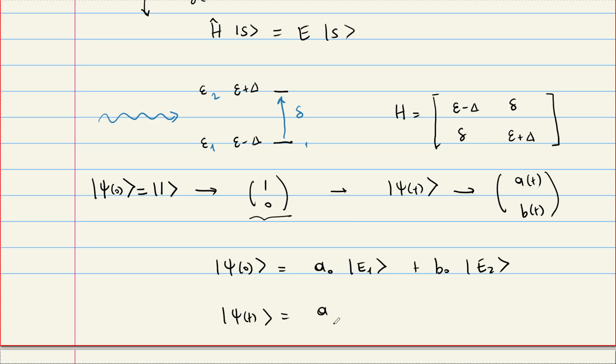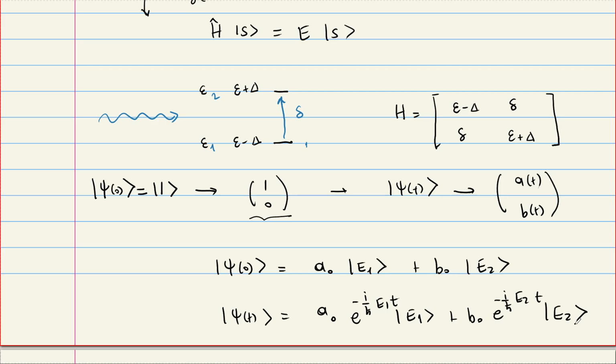This is going to be A0 e to the minus i over h bar E1 t plus B0 e to the minus i over h bar E2 t. There's a t here and a t here. So this is the goal. What are we going to do?